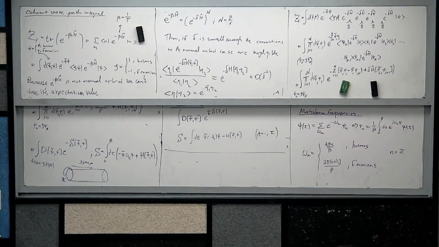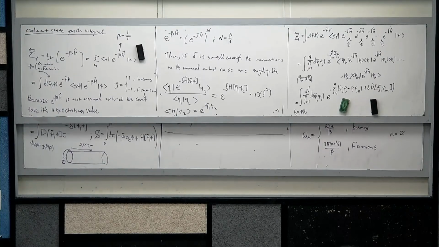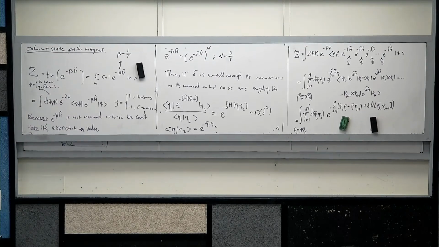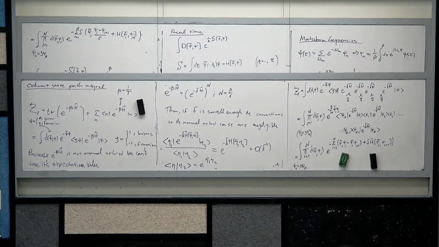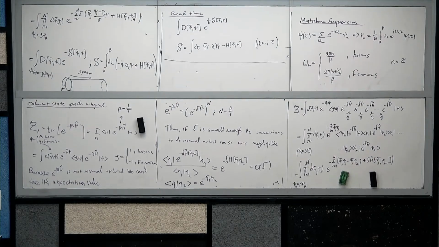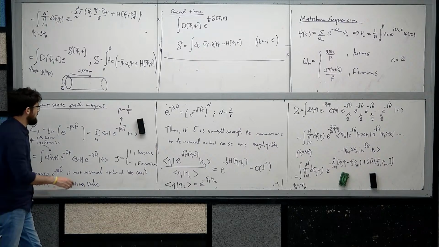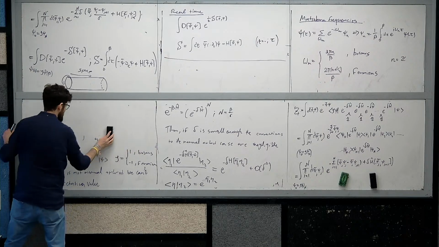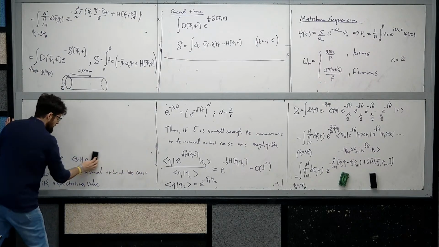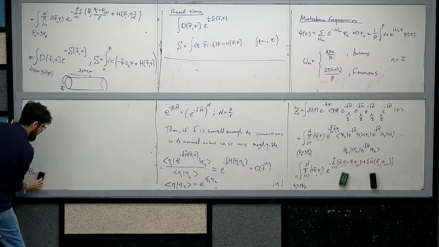Let's see. And now let's look at some typical Hamiltonians. So let's just look at an example.